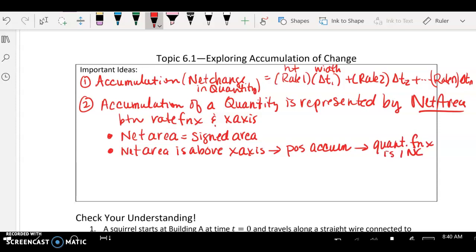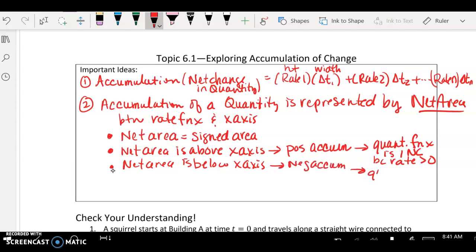And remember, our quantity function is increasing because my rate is greater than 0. Likewise, when your net area is below the x-axis, that means we have negative accumulation, which means our quantity function is decreasing because our rate is less than 0.